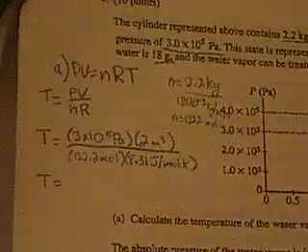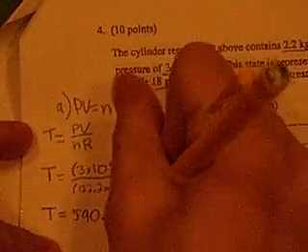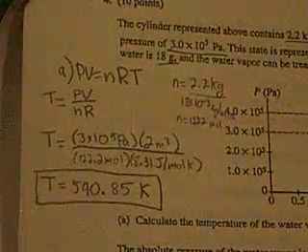And then once you plug that into your calculator and get your answer, it should come out to 590.85 Kelvin. Now, when you're doing these thermodynamics questions, make sure that your temperatures are all in Kelvin and not in Celsius.